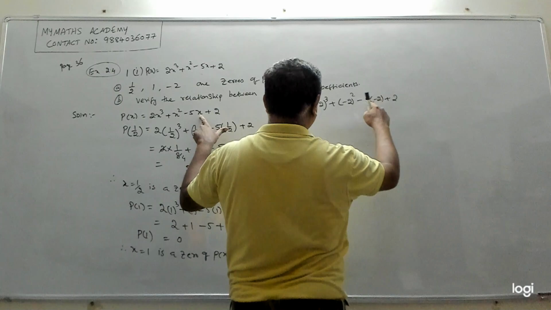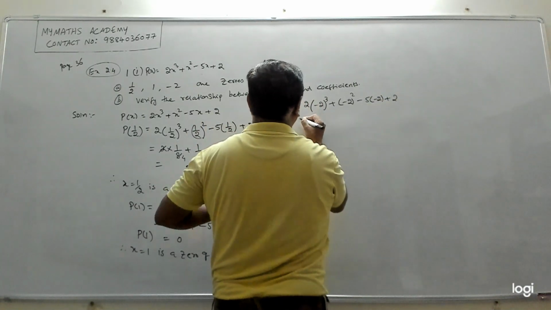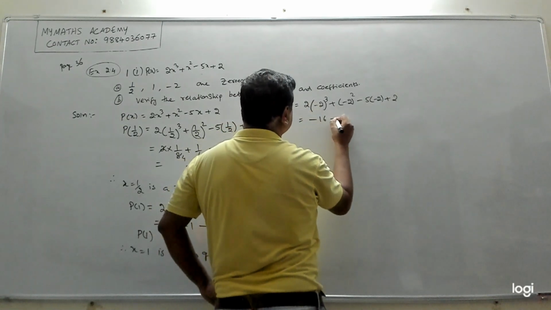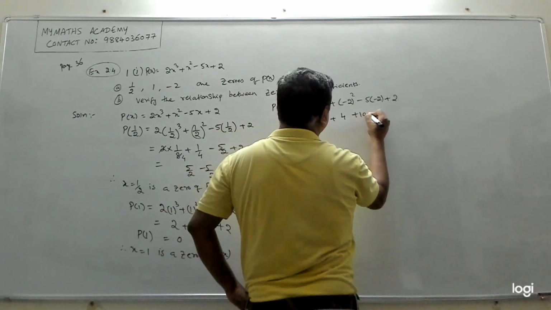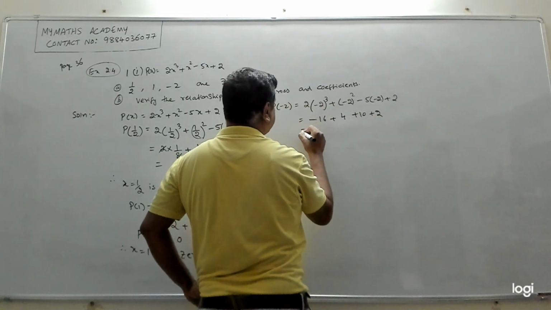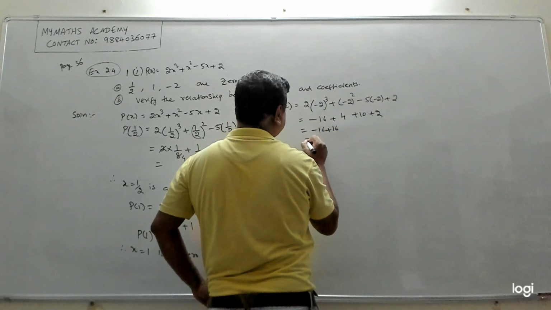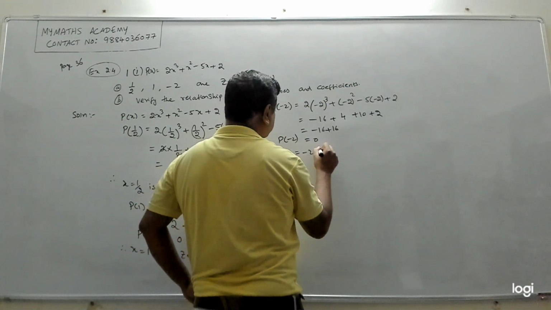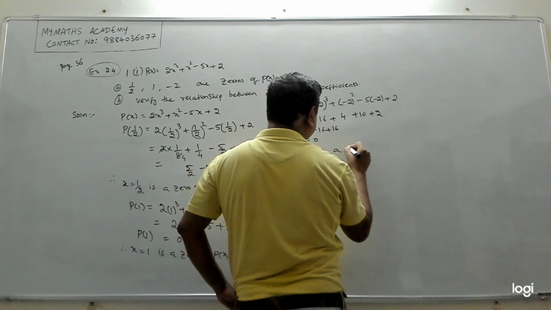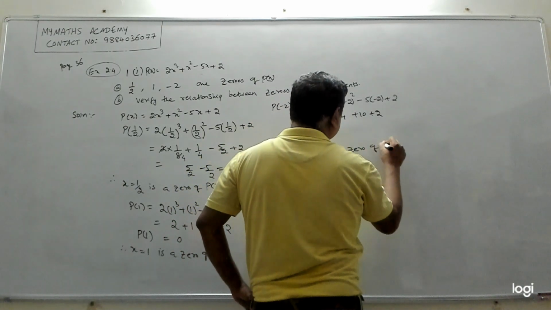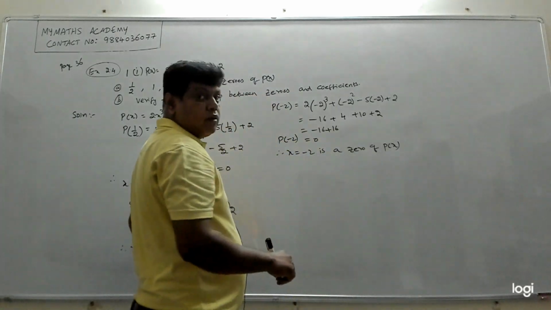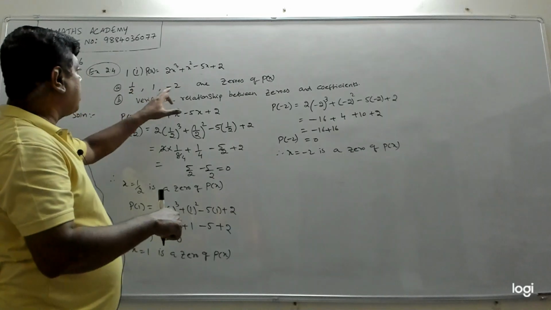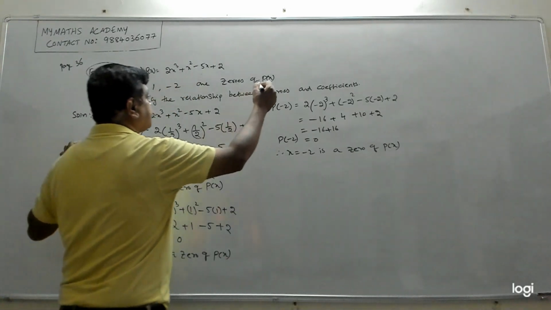Minus 5 into x means minus 5 into minus 2. Then this is minus 8, and minus 8 into 2 is minus 16. Plus this is 4. This is plus 10 plus 2. So 14, 16 minus 16. 16 minus 16 is 0. So p of minus 2 is 0. Therefore, x is equal to minus 2 is a 0 of p of x. Now we have verified that all the three numbers given are zeros of p of x. So the first part of the question is done.